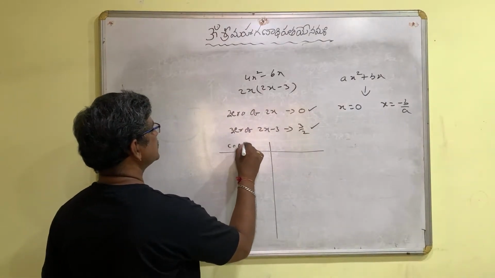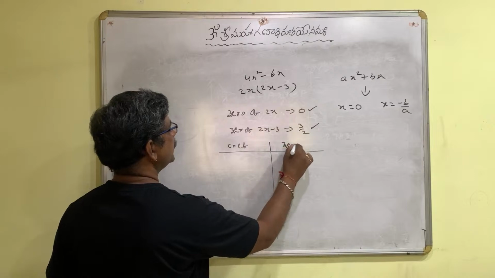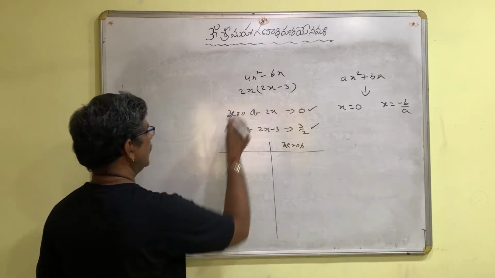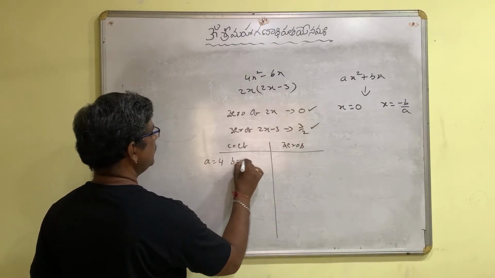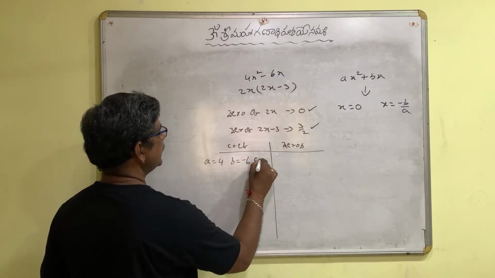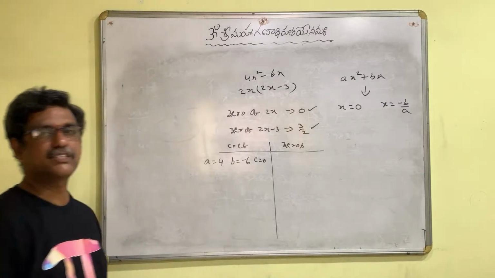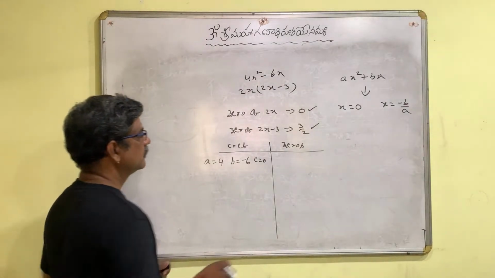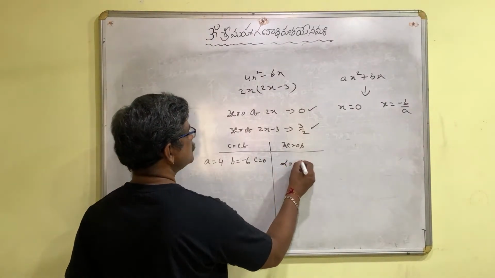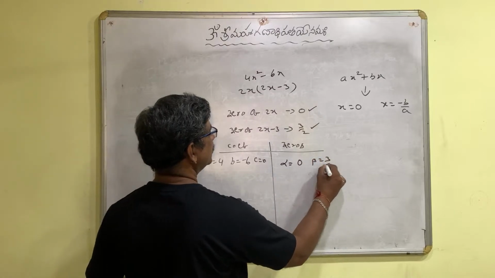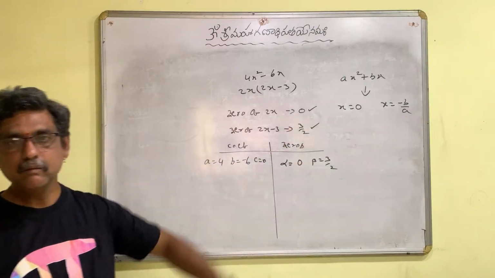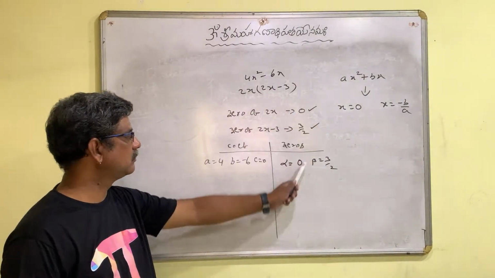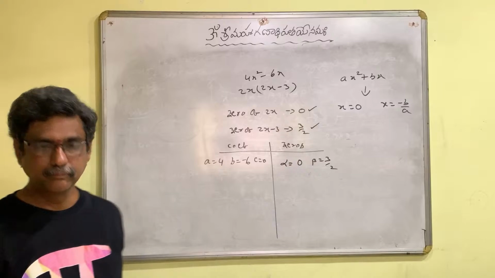Write coefficients and zeros here. The coefficients: a is 4, b is negative 6, c is 0. And here alpha is 0, beta is 3 by 2.